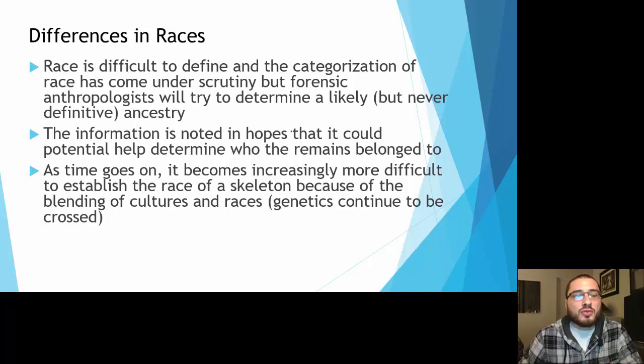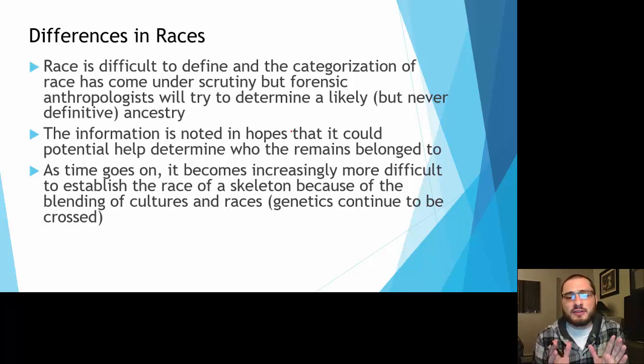Now, we can talk about trying to determine race as well. Race is something that's difficult to determine because of the social aspect to it, but we do like to try to ultimately figure out the ancestry of the individual.